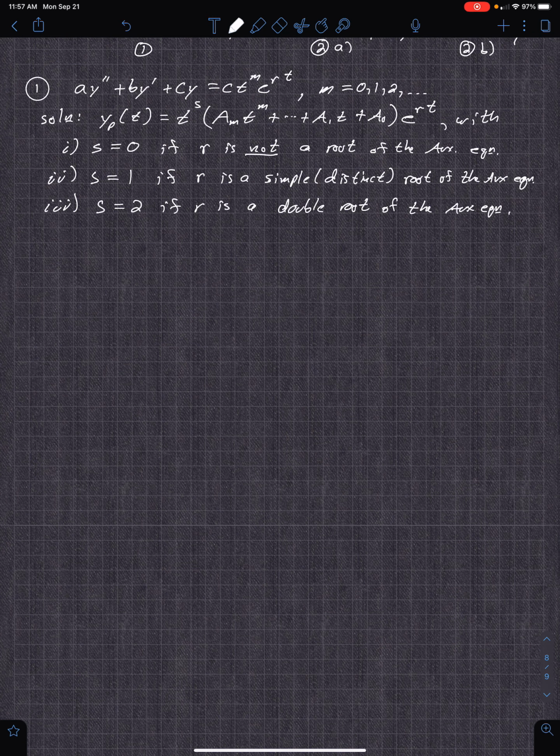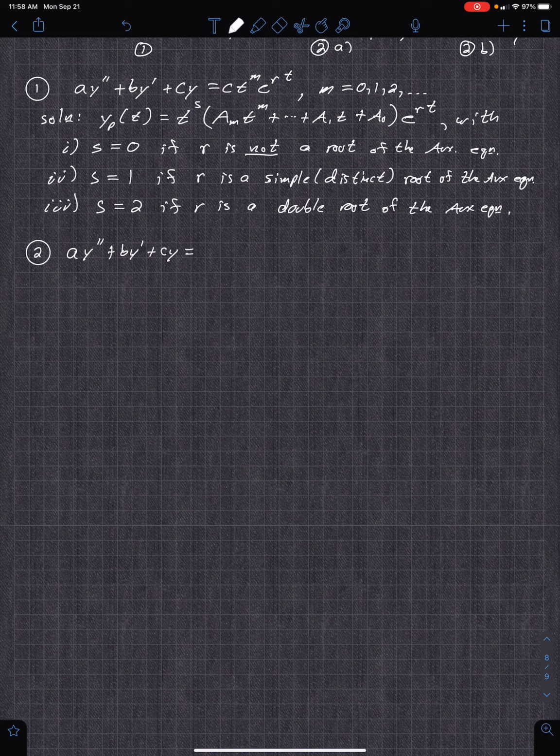Case 2 looks like this. You have the same left-hand side, but not the same right-hand side. The left-hand side is ay double prime plus by prime plus cy equal to, and this is when you get the cosine and sine.